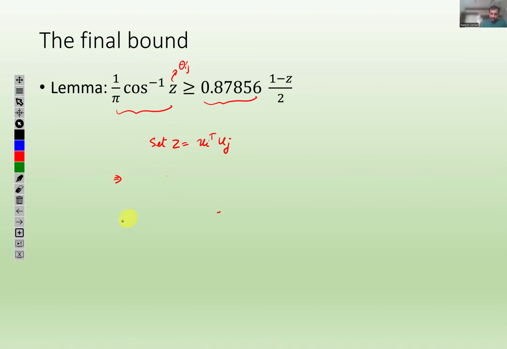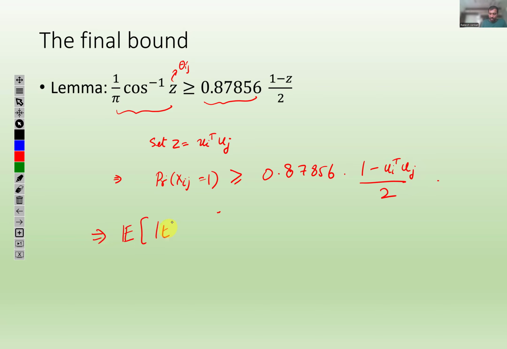So probability that xij equal to 1 is at least 0.87856 times 1 minus ui transpose uj by 2. And this implies that the expected number of edges cut. So this is a lemma that just requires calculation.